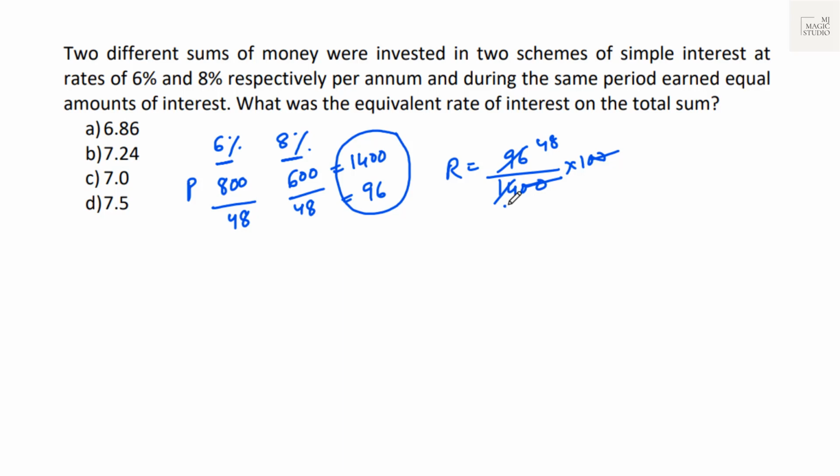So it is 96 by 14 or 48 by 7, less than 7%. 7 into 7 is 49, but it is 48 by 7, so less than 7%; the only option is 6.86. The calculator value also gives 6.86%. So the equivalent rate of interest on the total sum is 6.86%. Option A is the pick.